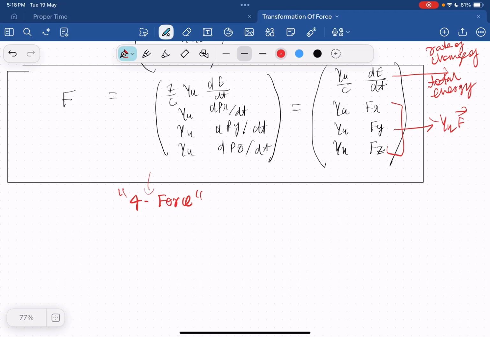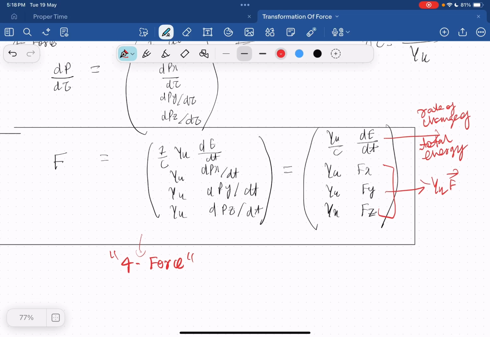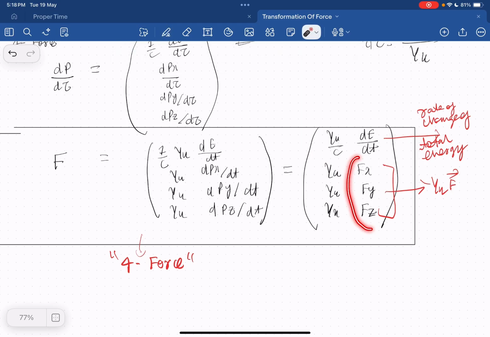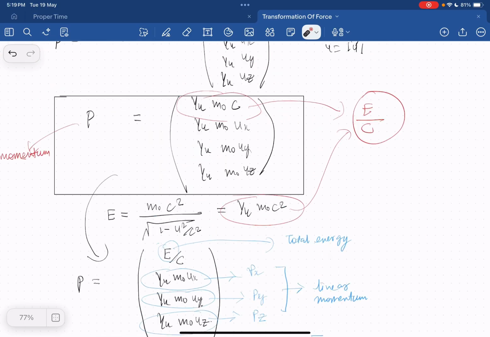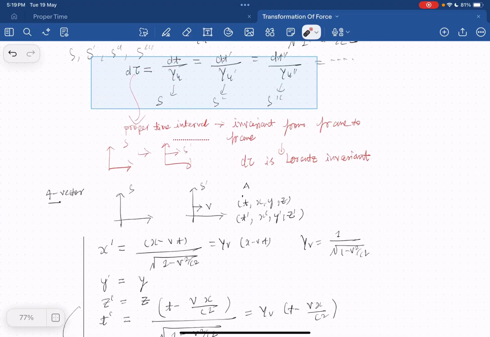So we wanted to see how the force transforms when we move from one frame to another frame.